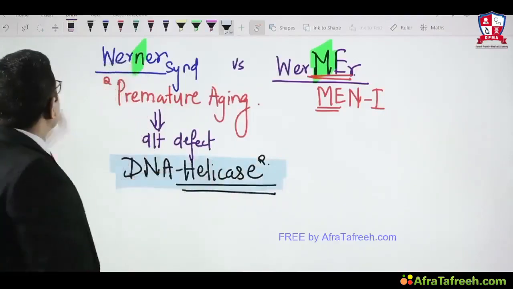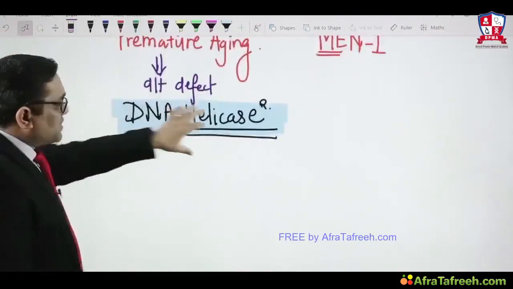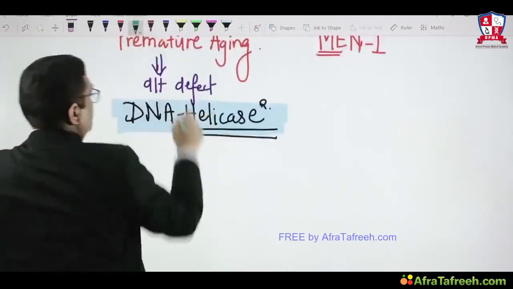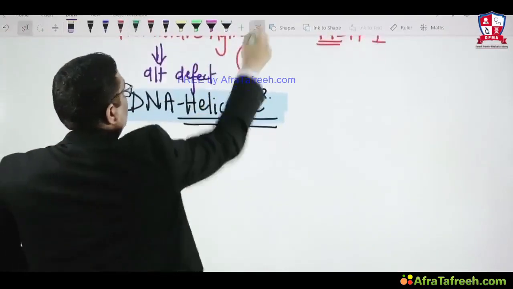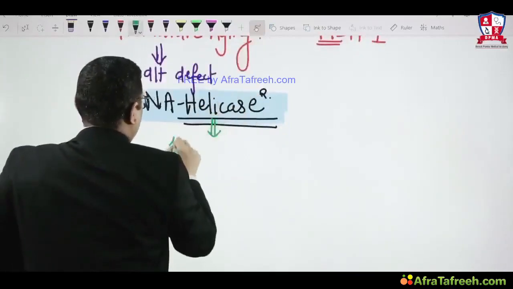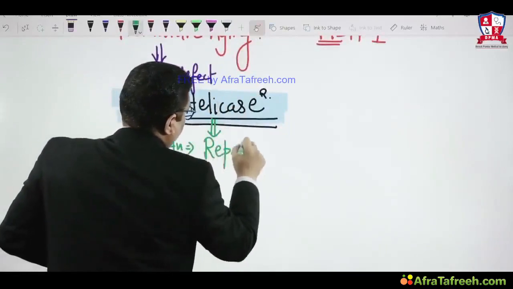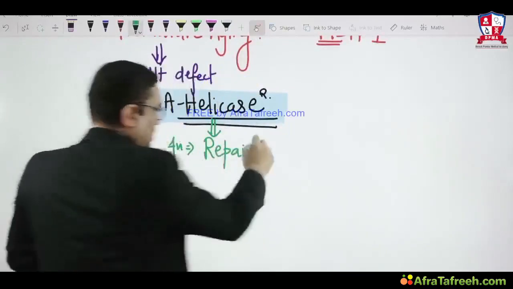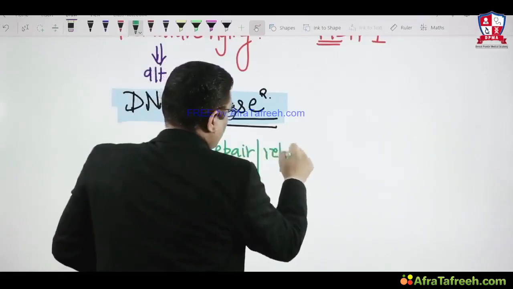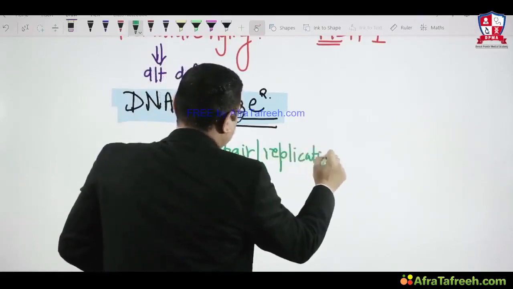There was a question in the All India exam 2017: what is the function of DNA helicase? That is another important question which the examiner had asked. DNA helicase is required for repair and replication.